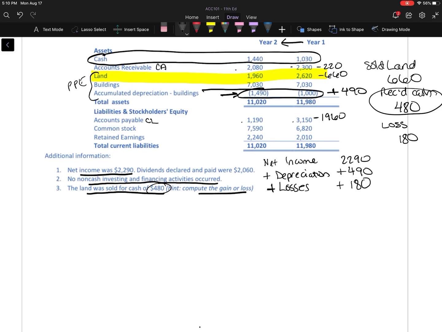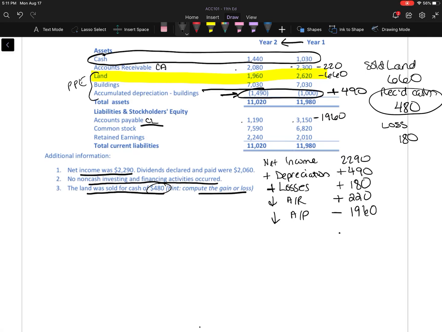So remember, for losses, we add them back. We do the opposite. So I'm going to add back the loss. Then I go to current assets. So I have a decrease in accounts receivable, which gets added back. I'm doing the opposite. And then I have current liabilities, a decrease in accounts payable, and liabilities go with the flow.